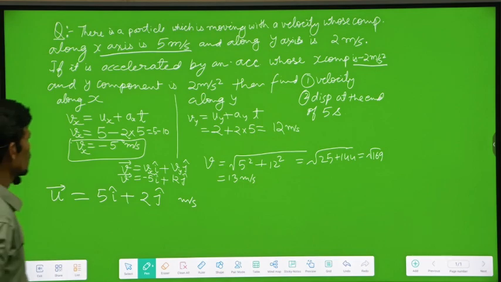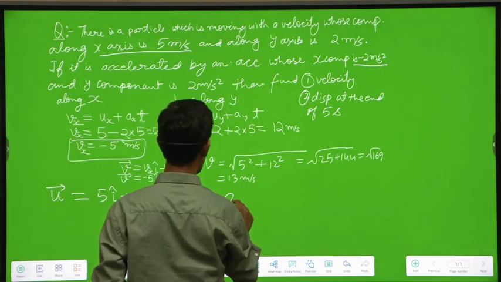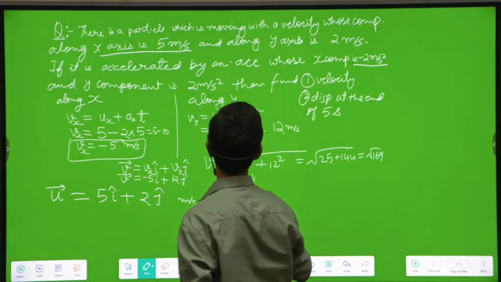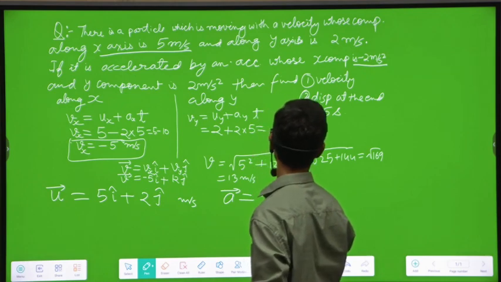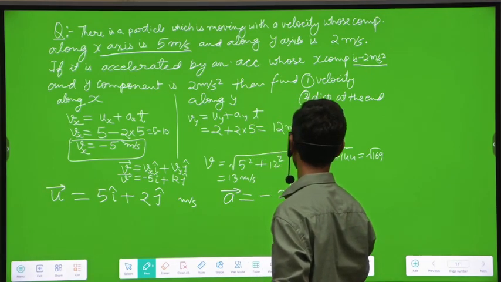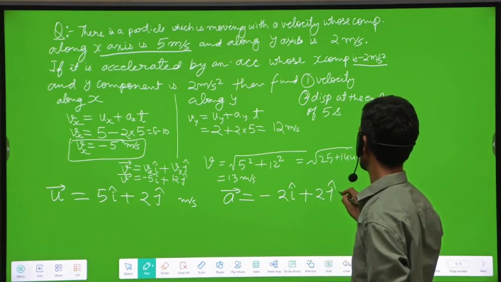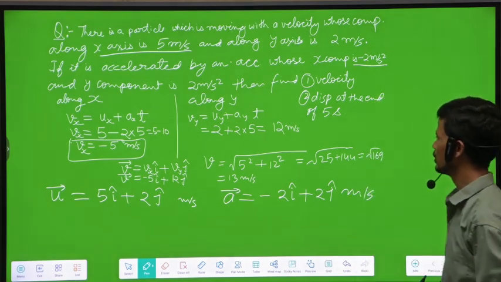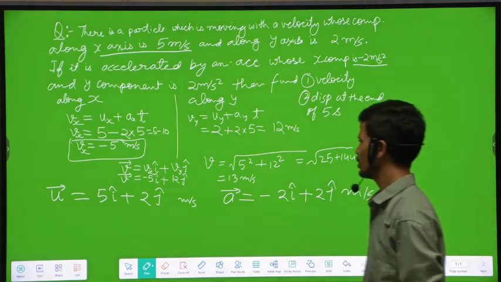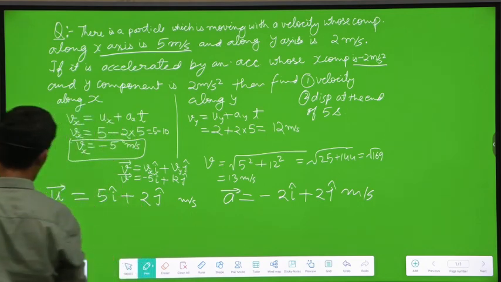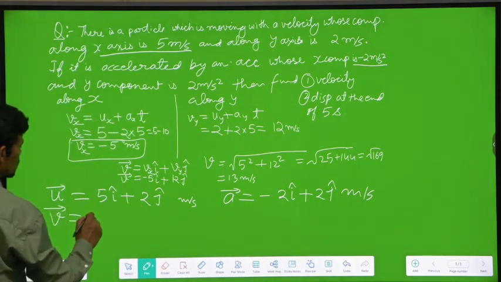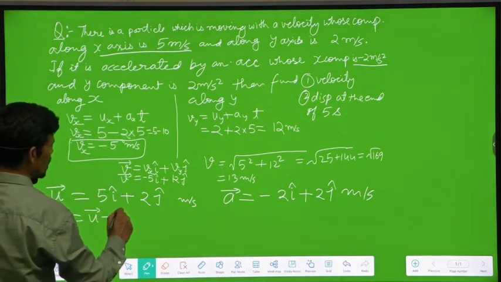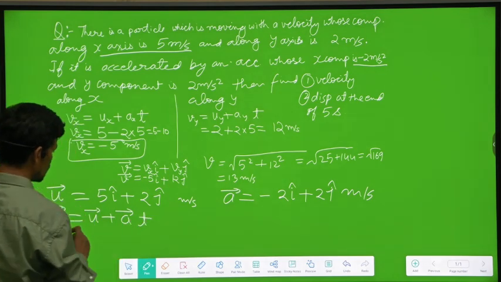In the same way, acceleration vector is minus 2 i cap plus 2 j cap meter per second square. And now it's quite easy. V vector is u vector plus a vector t.